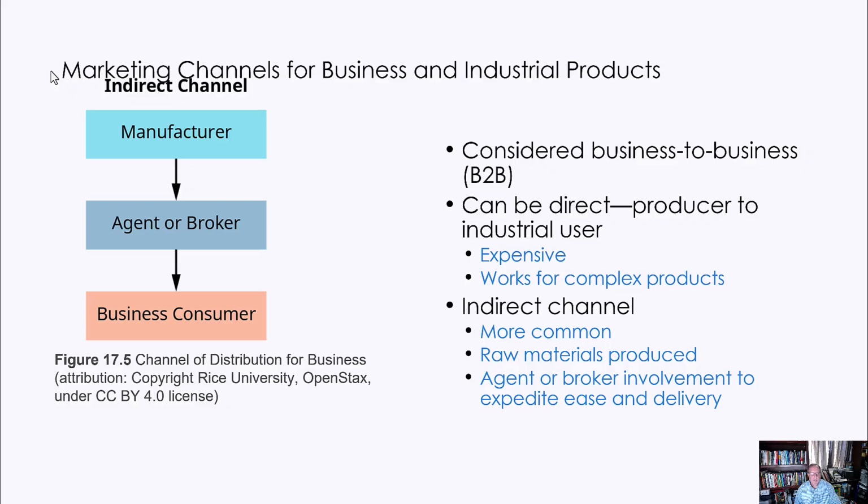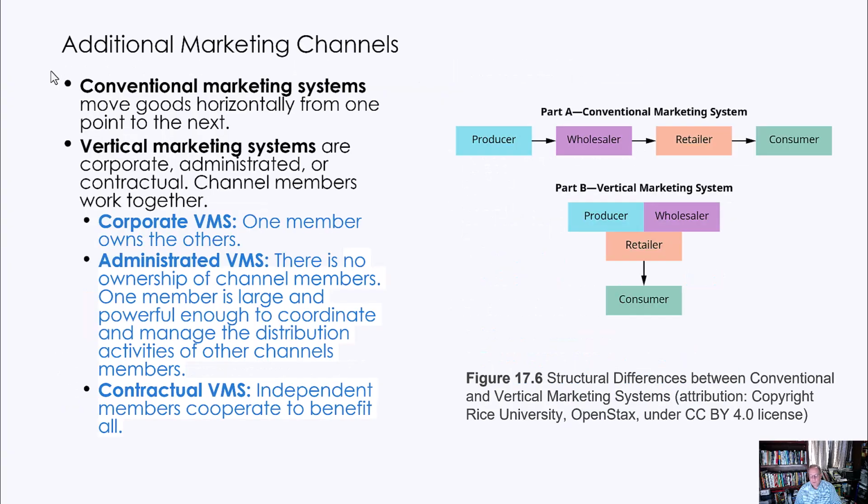So we need to understand the economics of our distribution systems because it impacts how we may choose to sell, whether we're a producer to an industrial user or whether we're a big producer that's going to sell fingernail clippers to an individual. So sometimes the economics of our situation impact the channels that we're going to use.